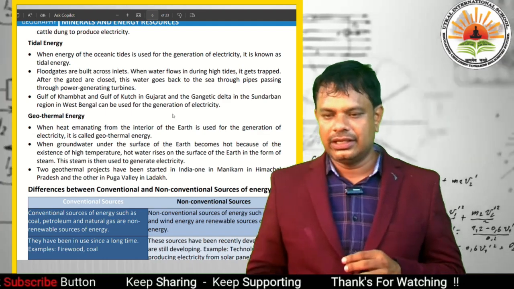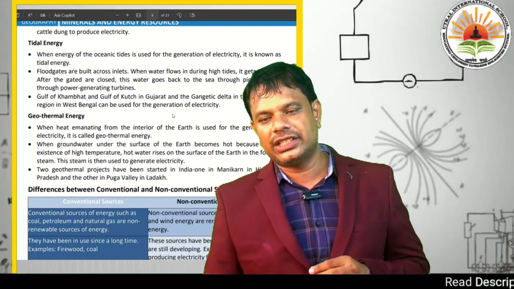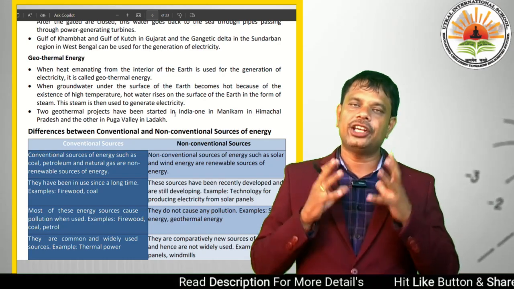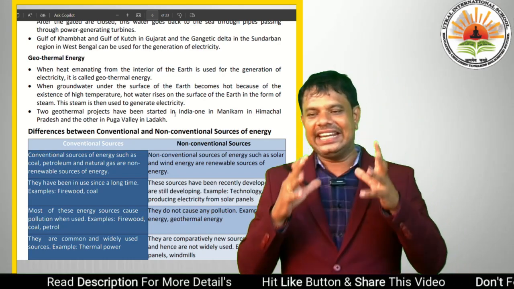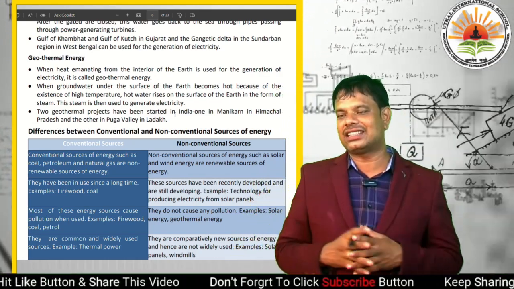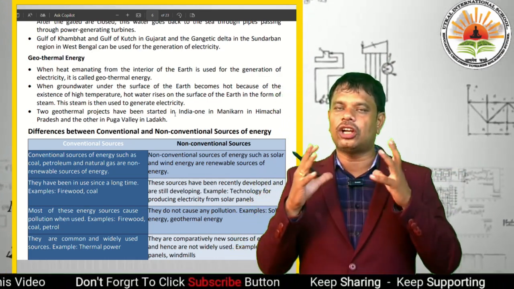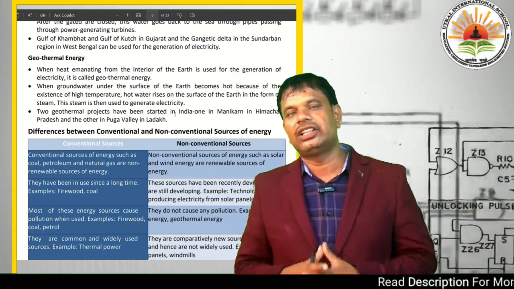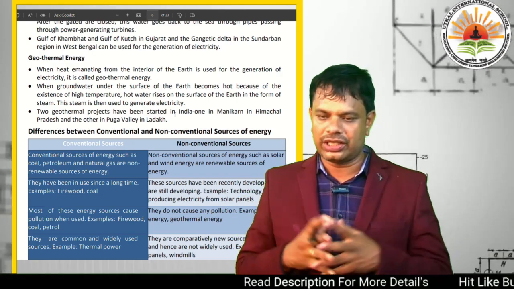Dear students, another type of energy is geothermal energy. When heat emanating from the interior of the earth is used for the generation of electricity, it is called geothermal energy.